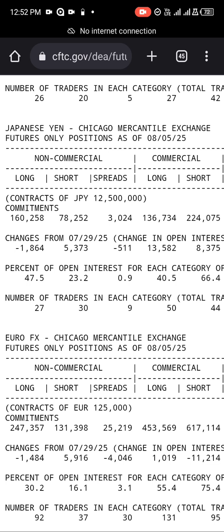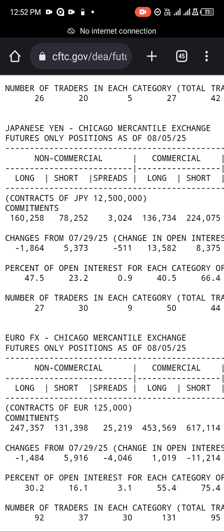They exited 1,864 buy contracts and added 5,373 short positions. They were making the JPY weaker against the USD actually.